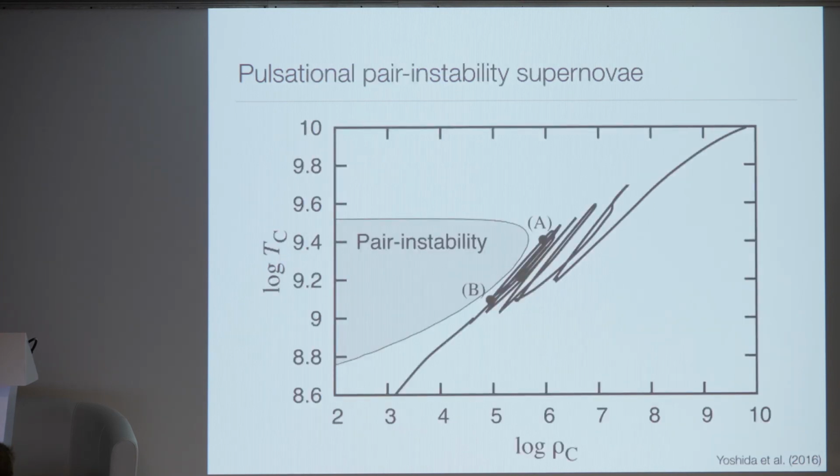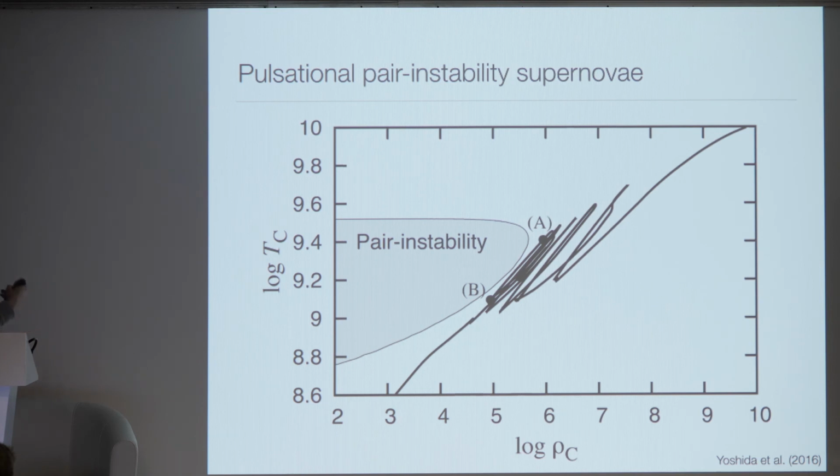I am running out of time, but another final question I have is that we were discussing stars which enter this region, but some of them can just touch this region, and that will not lead to the explosion of the entire star.